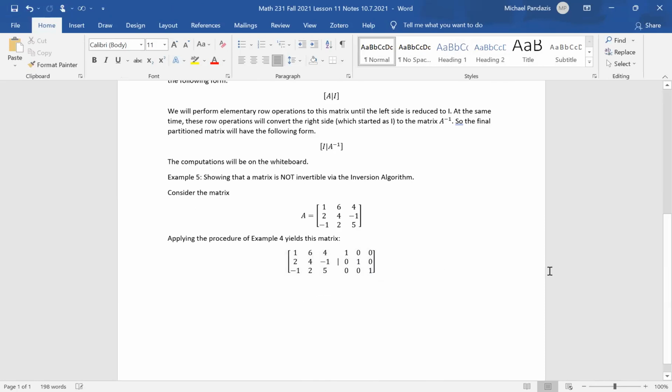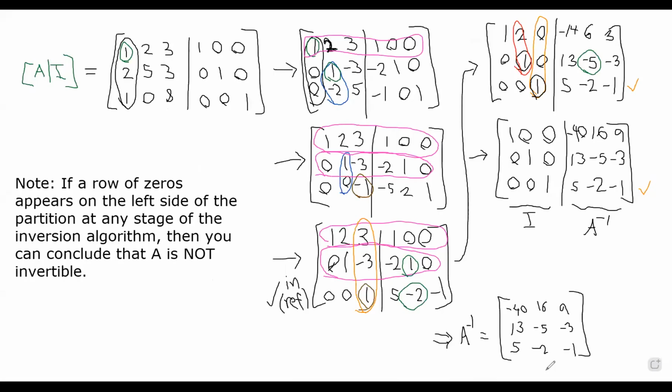Okay, so I'm going to go to the whiteboard. The rest of the computations will be on the whiteboard. Now we have the partition matrix where A is on the left and the identity is on the right.